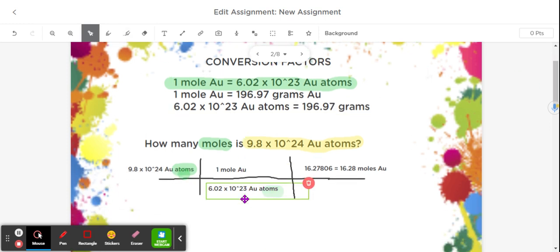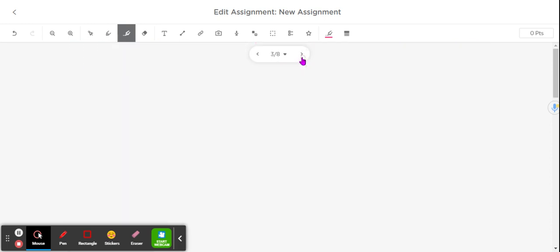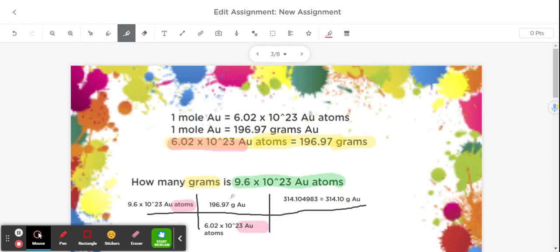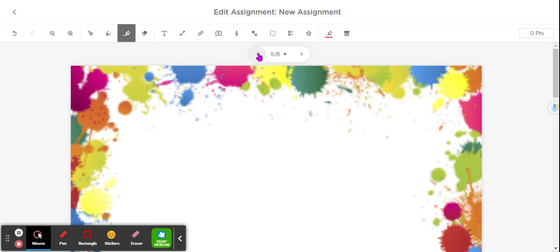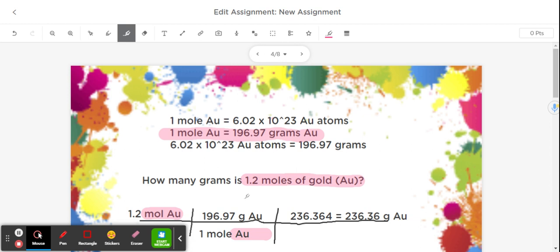I want you to notice that wherever in my question I had the unit of moles, the number is 1.